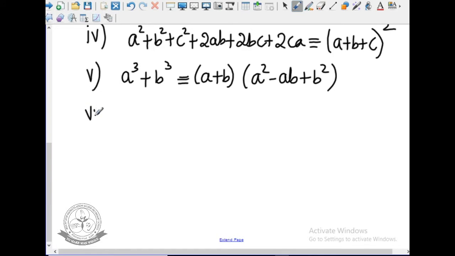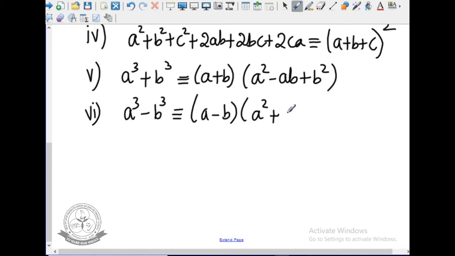Then the sixth one, a cube minus b cube is identically equal to a minus b into a square plus ab plus b square.